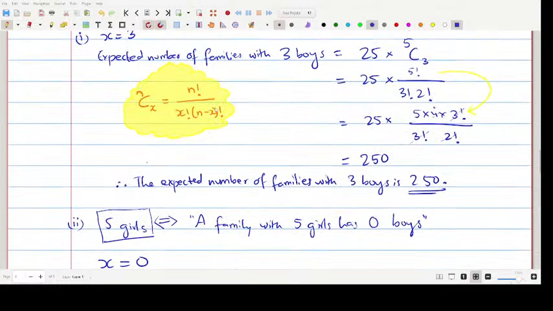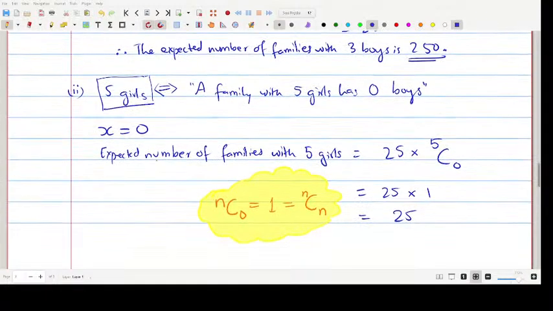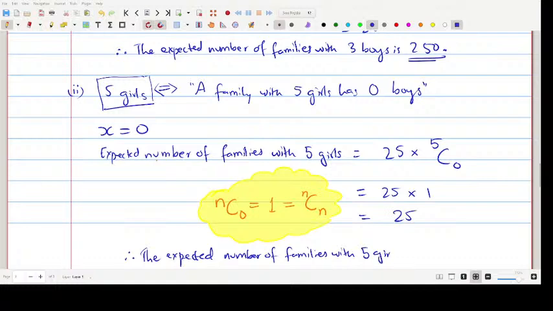In the previous case it was 250, and here we can hence write that therefore the expected number of families with 5 girls is 25, and that, my friends, is the answer.